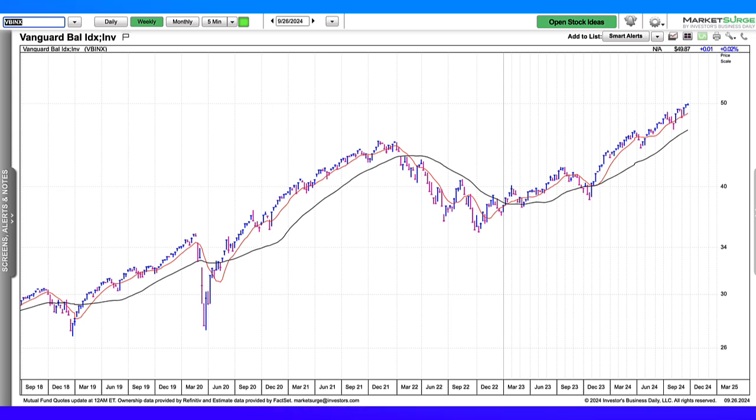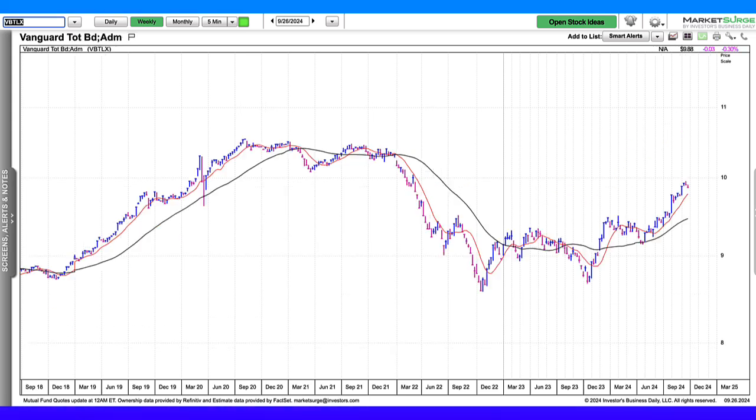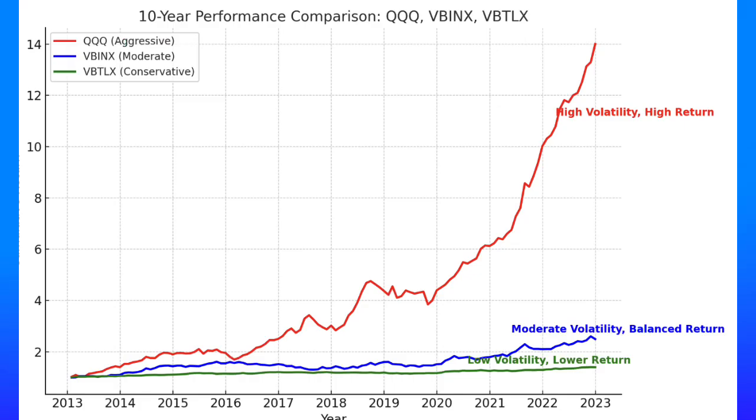You kind of have built-in diversification in this one. And then conservative strategies, like another mutual fund, VBTLX. That one prioritizes capital preservation by focusing mostly on bonds, and you have a look at the 10-year performance comparison of these, and you can understand how the risk and return factors are related here.